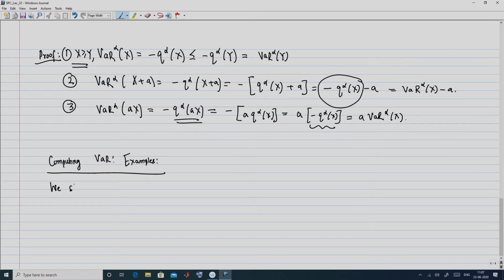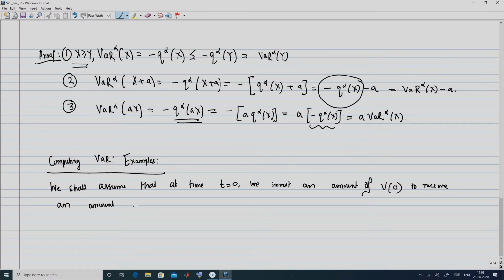For this purpose, we shall assume that at time t equal to 0, we invest an amount V0 to receive an amount of V of capital T at time t equal to capital T. So, you have these two time points, 0 and capital T, and you invest V0 and end up receiving an amount V of capital T.